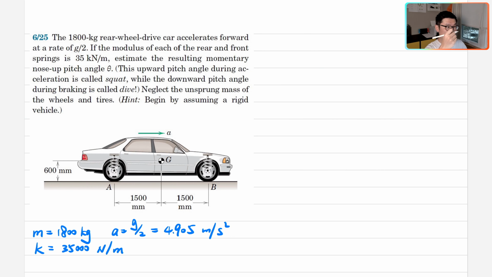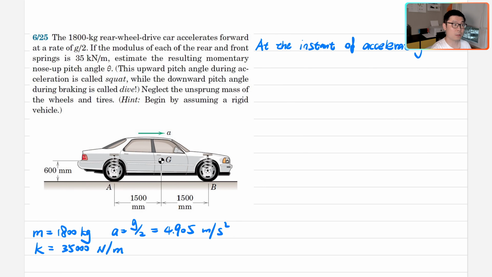But think about when the car starts to accelerate, how would you draw the free body diagram at that instant? Okay, so we want a free body diagram at the instant of accelerating, when you start to accelerate. We'll do the free body diagram here.